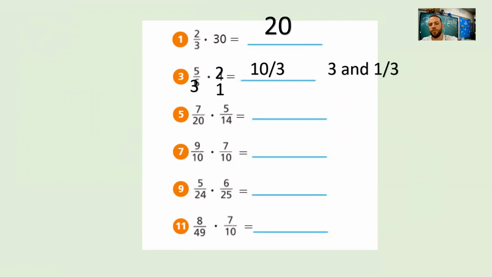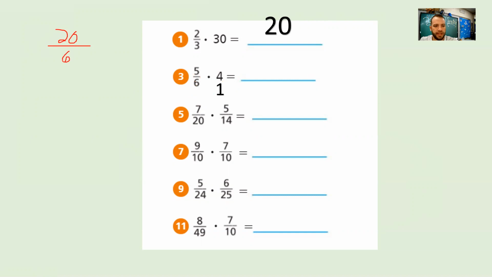What about 7 over 20 times 5 over 14? Well, let's reduce first. Now, let me just prove something to you real quick. If you did not reduce first here, you would have gotten 20 over 6, right? Because you just multiply across.